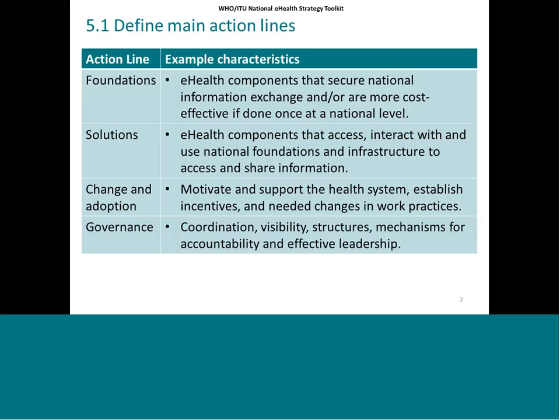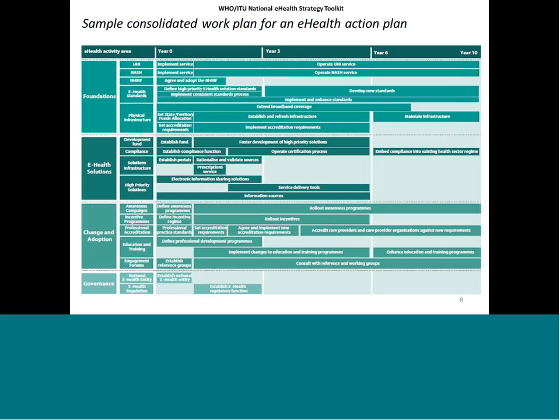So this is a bit of a scary diagram. It's in the strategy, and it's an example that actually comes from Australia, the eHealth strategy for Australia, published for 2008. And you'll see on the left-hand side, the headings of the 4 major rows are foundations, solutions, change and adoption, and governance.